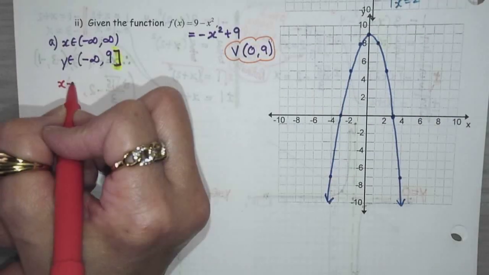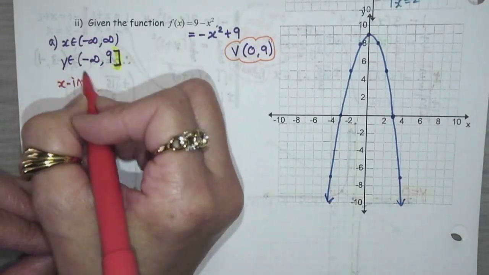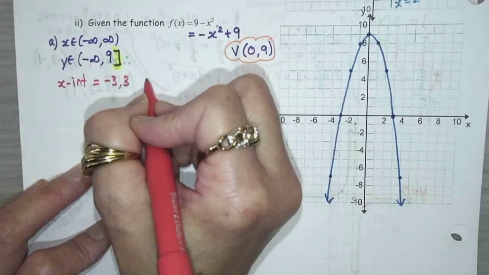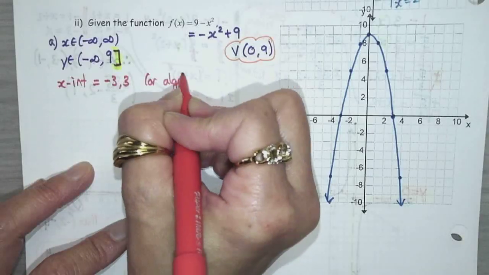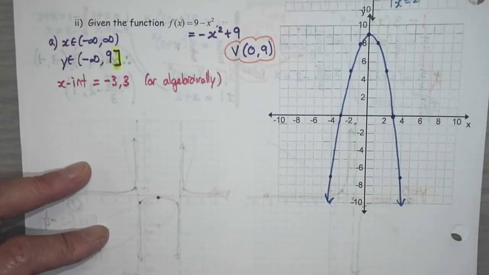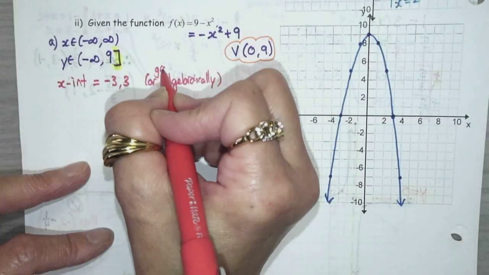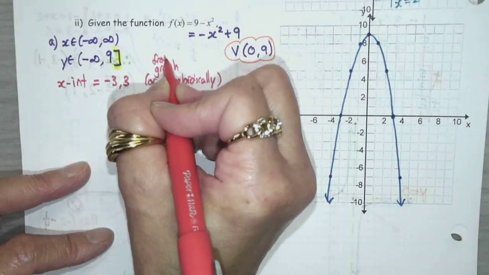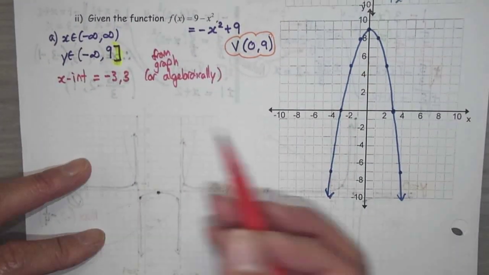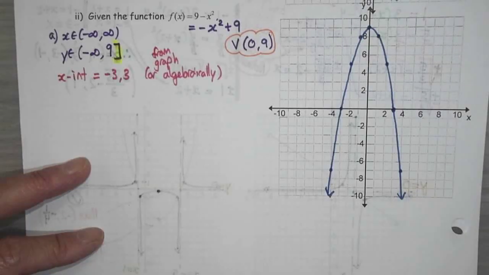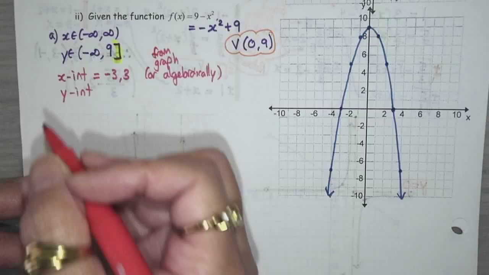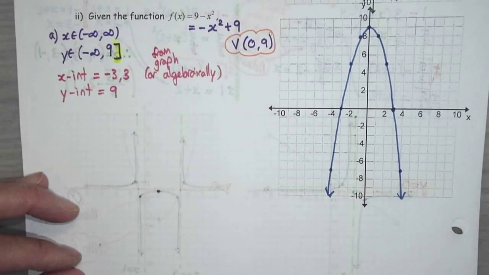So I'm going to just read that my x-intercepts are -3 and 3, from graph or algebraically. If you want to do it algebraically, you can double check, but I can see it from the graph right there. My y-intercept, same thing. You can do it algebraically or from the graph, and I know my y-intercept will just be 9.